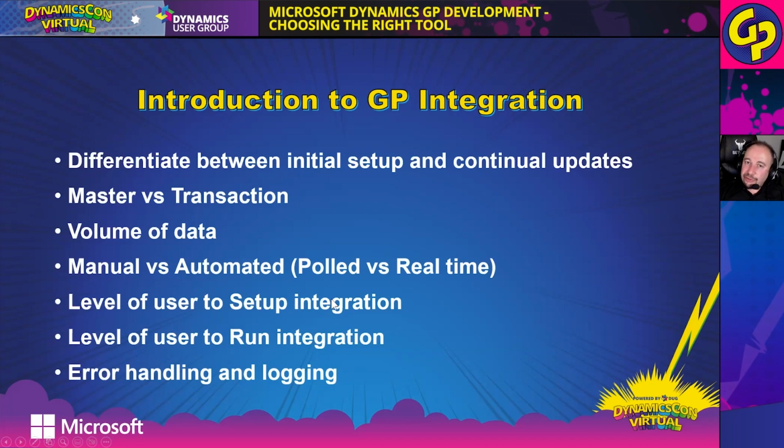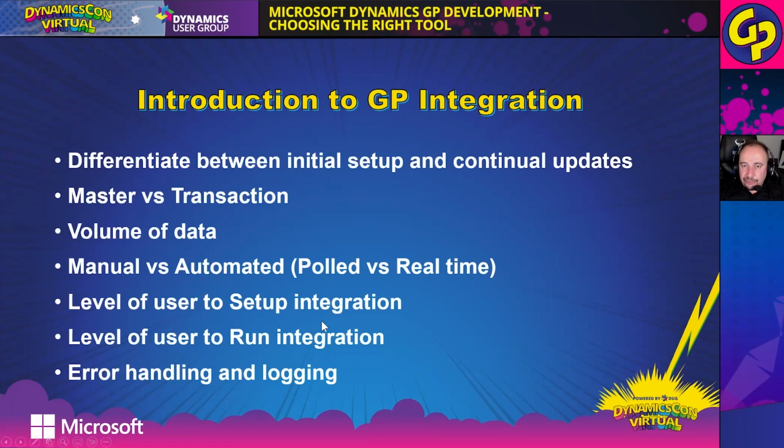What's the level of the user who's actually going to run the integration? Is that going to be a power user or just a normal user, or is it going to be the developer again? And then the other thing to think about is what happens if something doesn't integrate correctly. How are you handling the errors? Do you roll back? Do you continue from where it failed? There's lots of different things you need to think about.